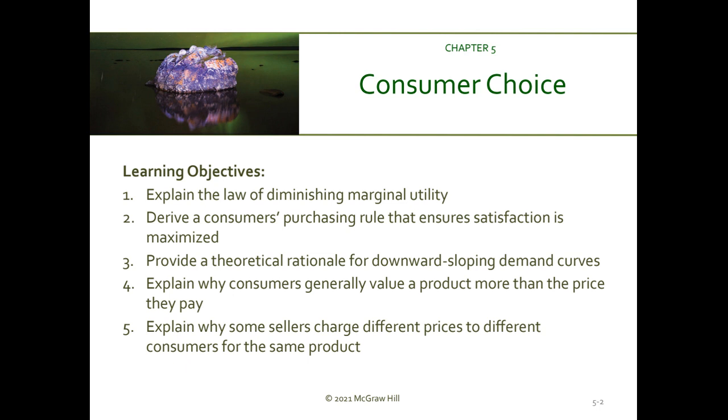And finally, number 5, explain why some sellers charge different prices to different consumers for the same product. I'll just discuss this last topic succinctly because this same topic will be covered in the monopoly chapter. There we will discuss in detail price discrimination, but we will discuss the basic concept of price discrimination in this chapter as well because it is related to consumer surplus.